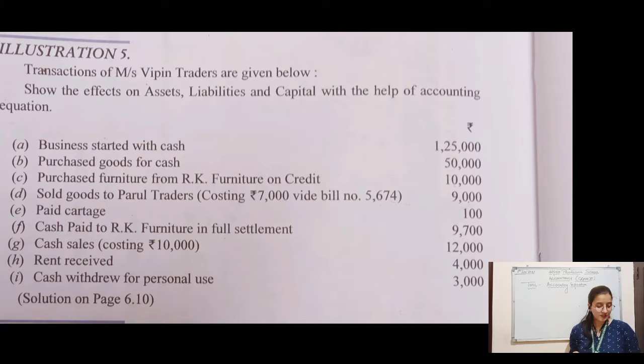First transaction is started business with cash amounting to rupees 1,25,000, purchased goods for cash 50,000, purchased furniture from RK Furnitures on credit rupees 10,000, sold goods to Parul Traders costing 7,000 for rupees 9,000, paid cartage 100, cash paid to RK Furniture in full settlement 9,700, cash sales costing 10,000 for rupees 12,000, rent received 4,000 and cash withdrew for personal use rupees 3,000.